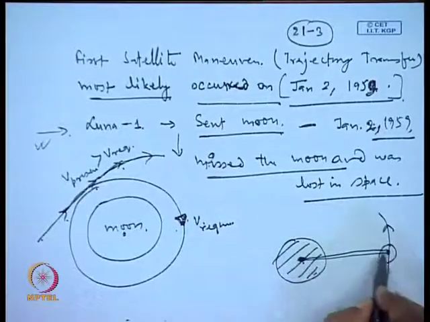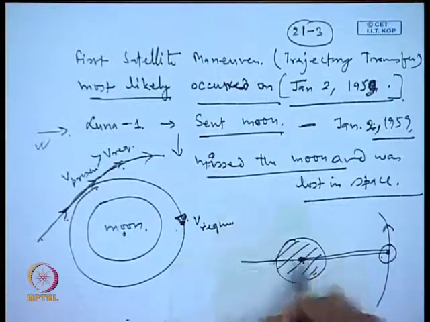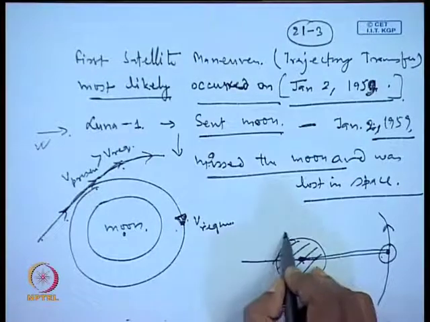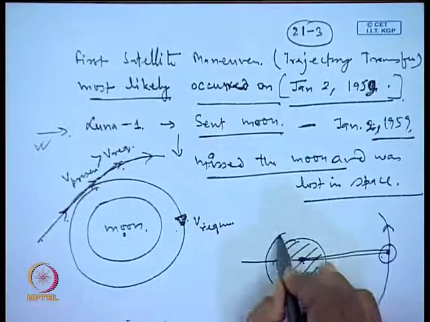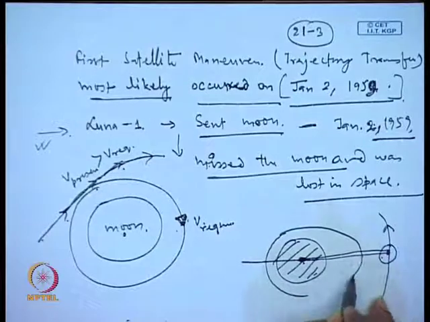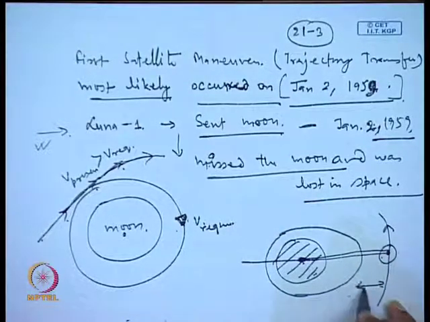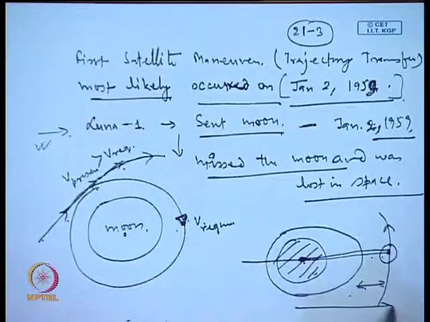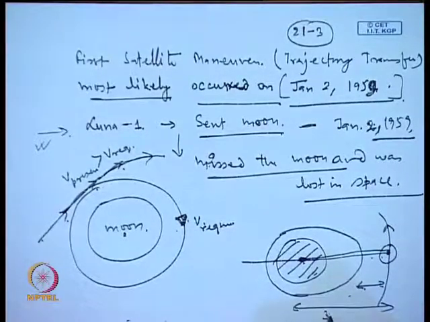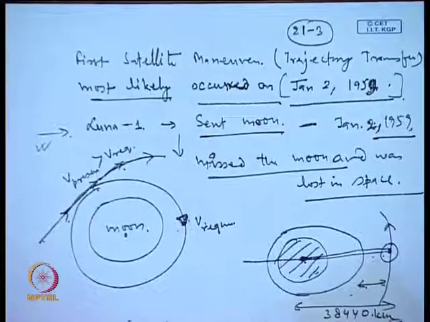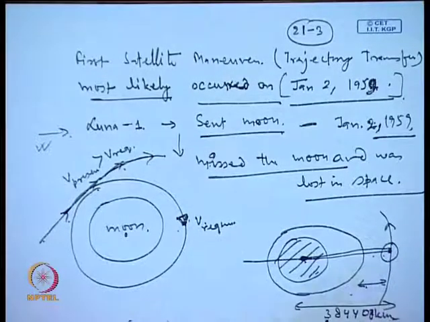What was required was that the satellite was first launched into an elliptical orbit. Here this distance is very exaggerated. Actually, we know that the distance between the moon and the earth is 3,84,400 kilometers.